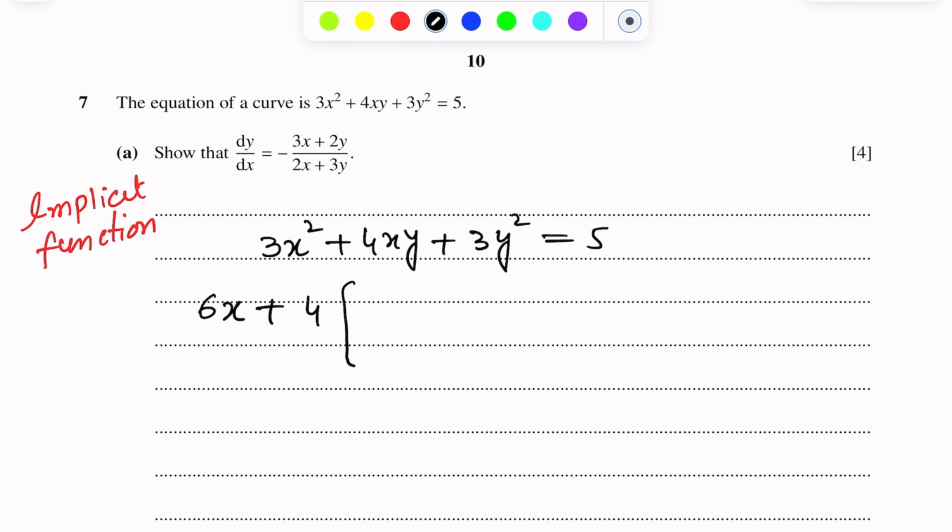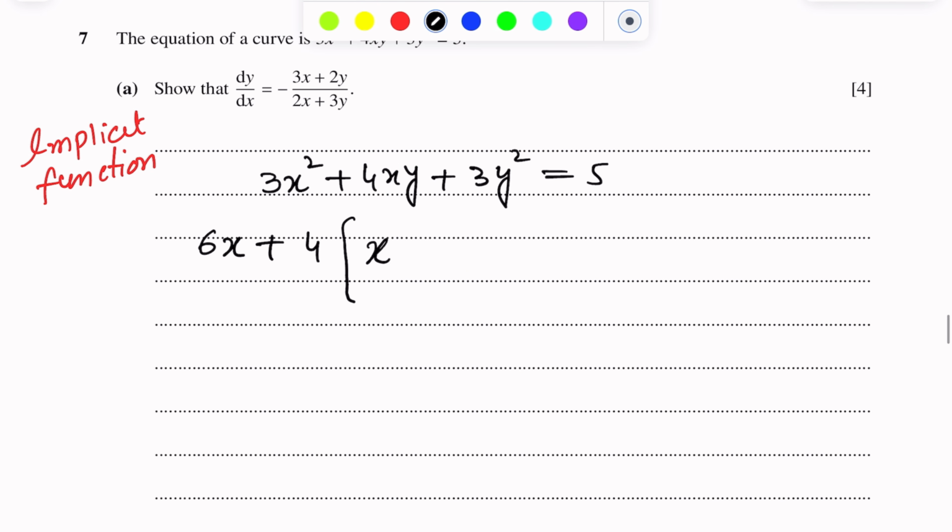We are using the product rule here. x will be as such, times the differentiation of y with respect to x, that is dy over dx, plus y remains as such, and the differentiation of x is 1. So we are writing here 1.